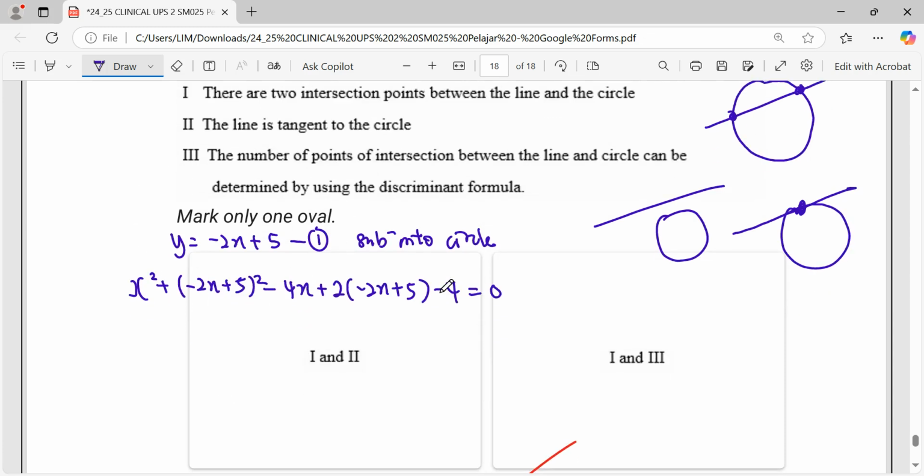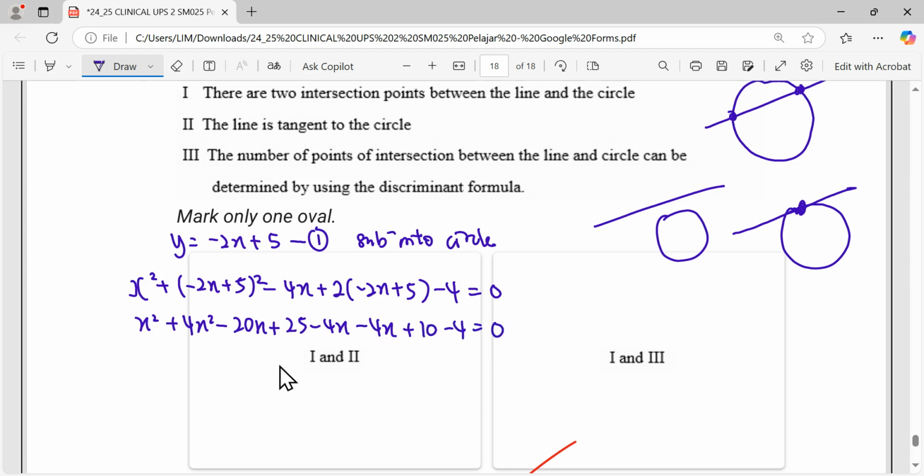Alright, so we try to solve this quadratic. Simplify first. We expand this: a squared, 2ab, b squared, expand this.